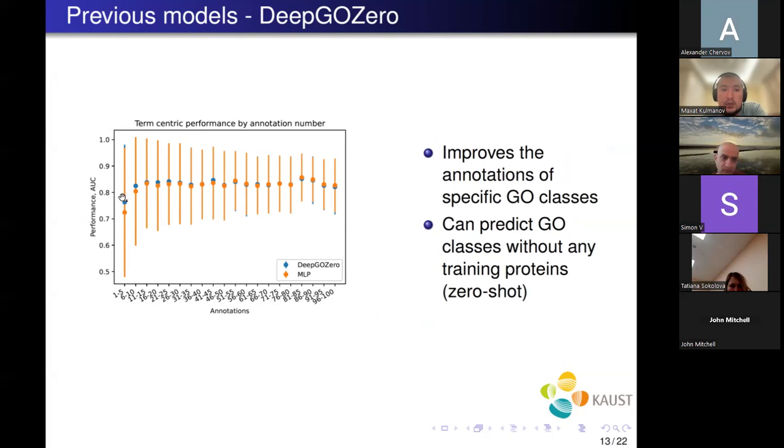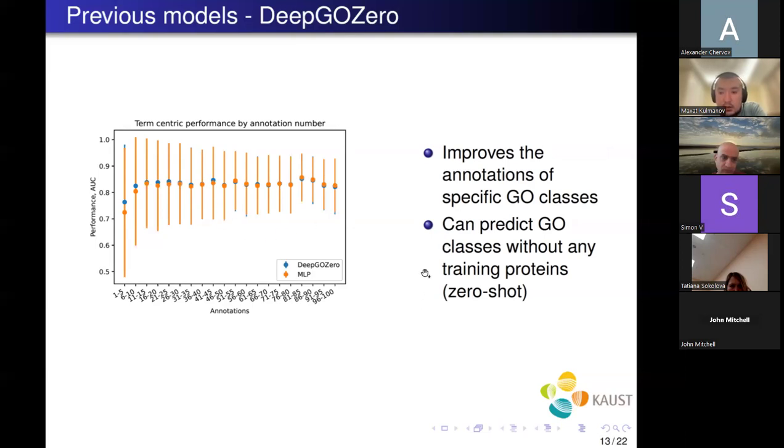We saw that their performance in general, for example in this graph, for the classes with around 50 annotations, increased compared to a simple MLP model that didn't use any EL embedding loss.